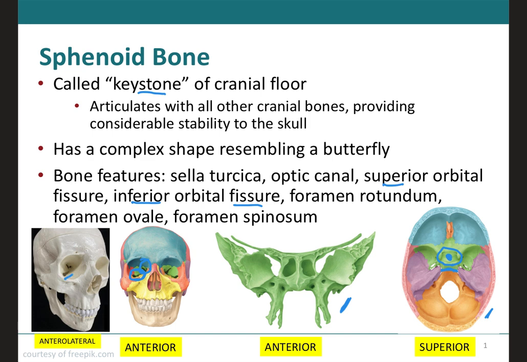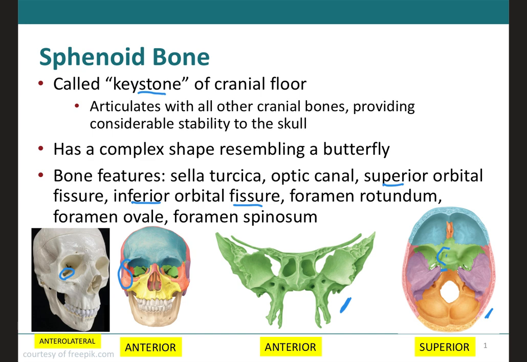Now the inferior orbital fissure will be formed, as you can see right over here from this image, by several bones. But the main bones are going to be the sphenoid, which is the bone here in green, the maxilla, and the zygomatic bone. But there's also a little bit of the palatine bone that will form the inferior orbital fissure.